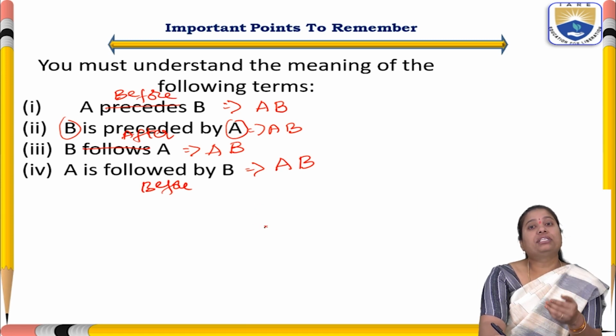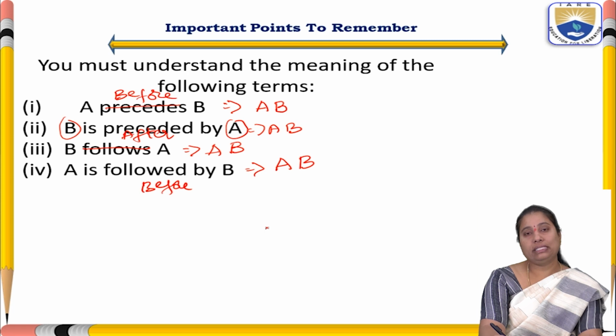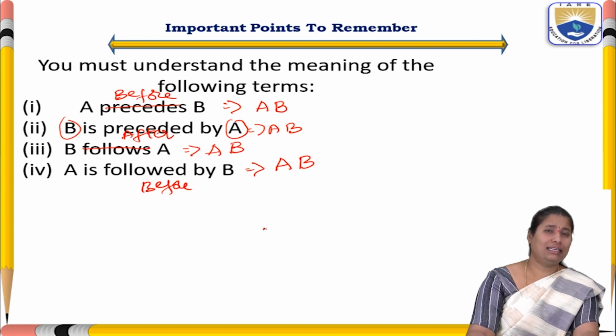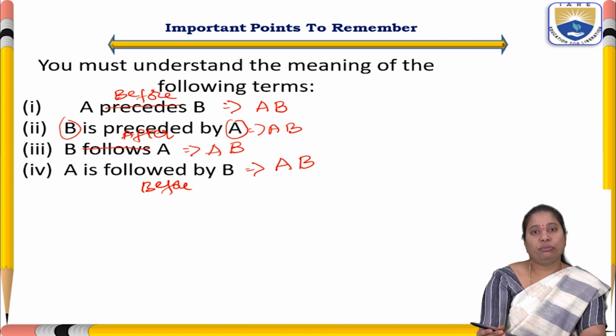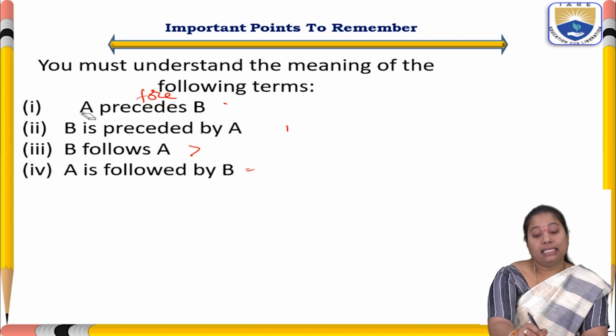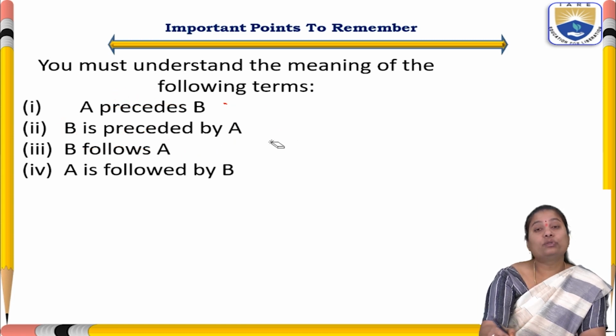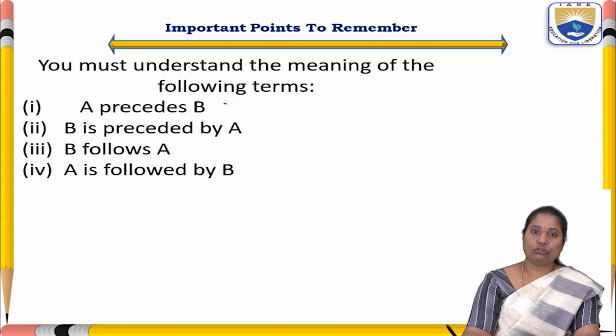A thief is followed by the police means the thief is there and at the backside there is a police. The same examples we might have seen in English while explaining prepositions. The same thing we are going to apply here in reasoning also. In reasoning, solving problems is very easy if we are very good at the basics and have understood the logic.